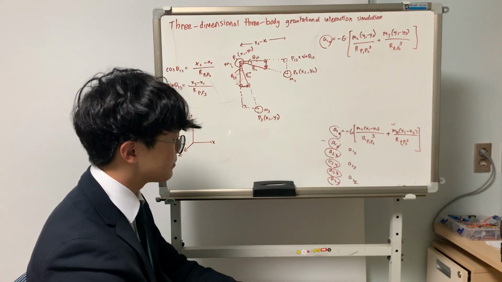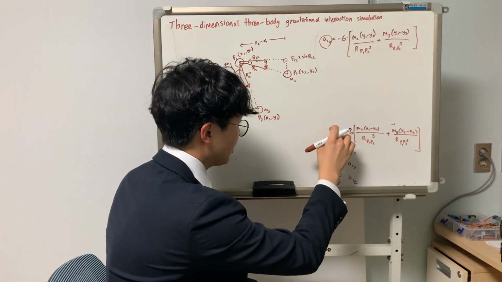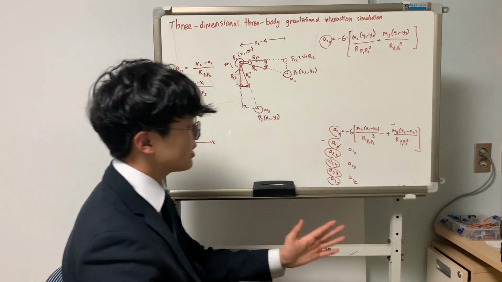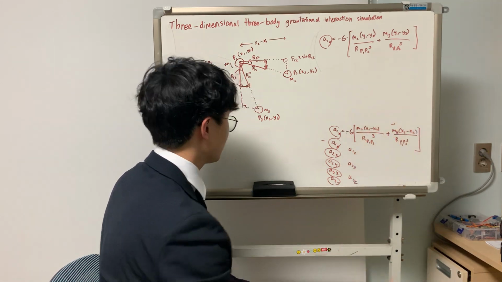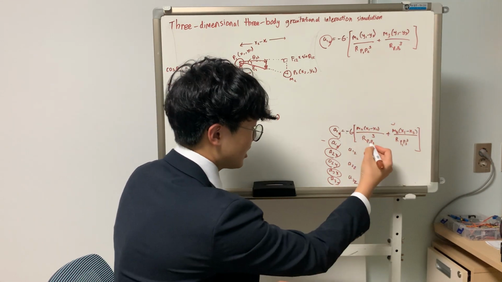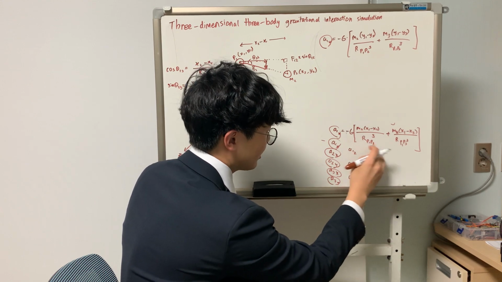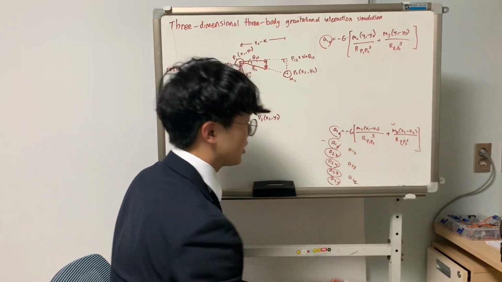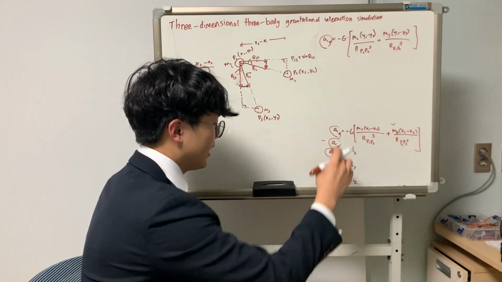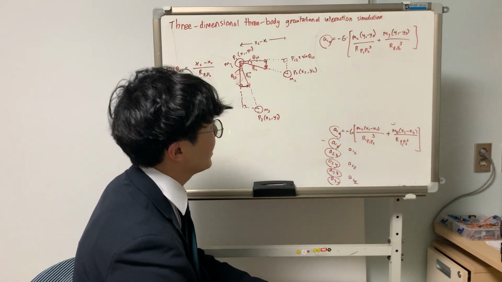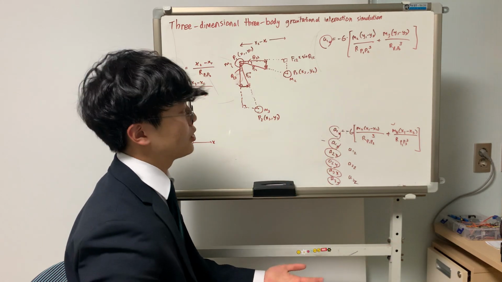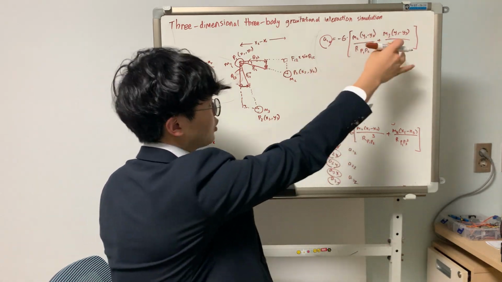But you saw that the expression for a1 of x does not involve anything related to the y coordinates. Maybe we did use the y coordinates in calculating our values for the distances, but except for that, a1 of x has nothing to do with the y coordinate, and the same logic applies to a1 of y, which has nothing to do with the x coordinates.